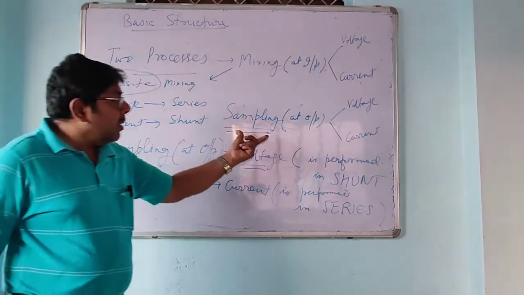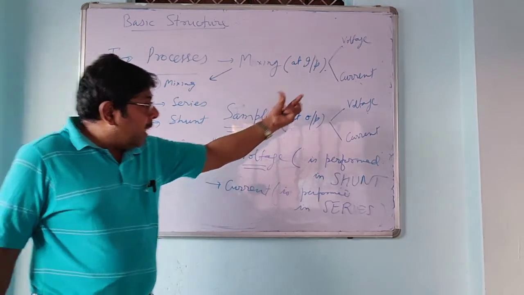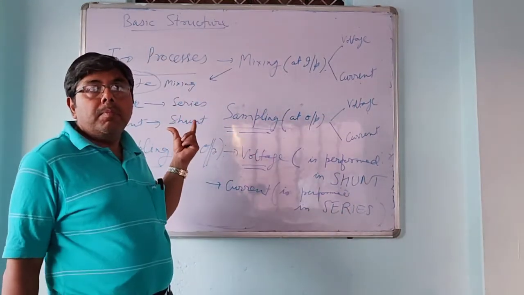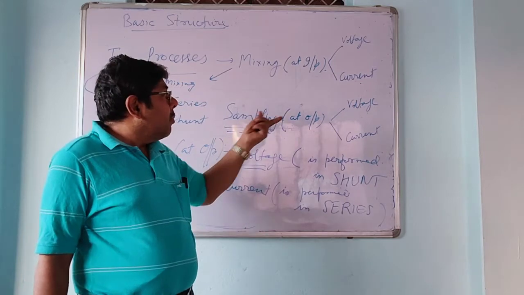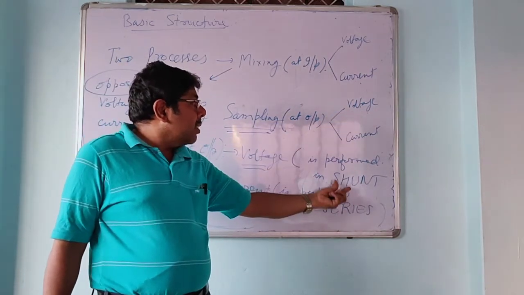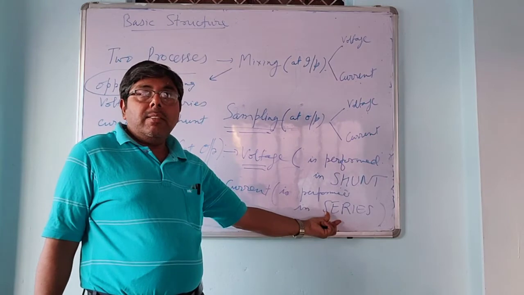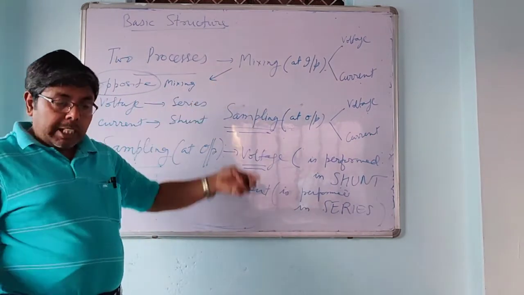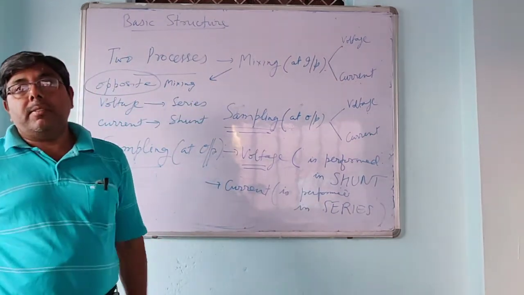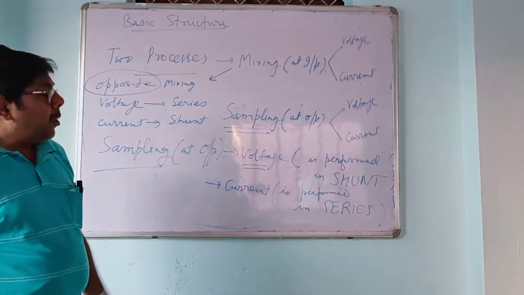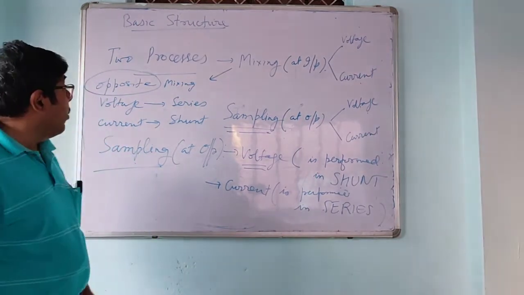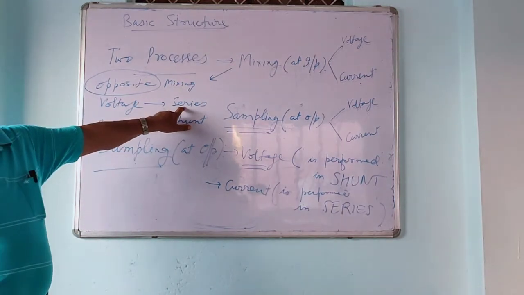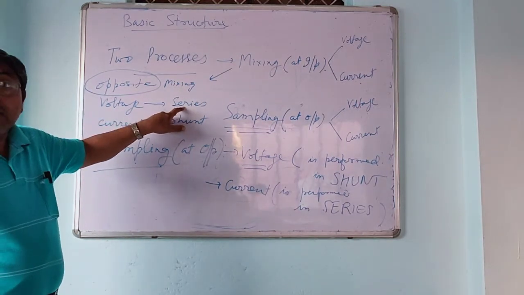In sampling we take the same quantity to sample. Voltage is the same in shunt, current is the same in series. But at the input we are mixing two different quantities, and two different voltages can be mixed only in series, because in parallel voltages are the same.